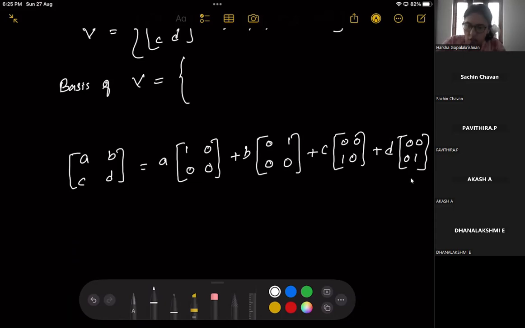Like with one non-zero entry, all others are 0. If we take all the linear combinations, we can cover all the matrices [A, B; C, D]. So any matrix [A, B; C, D] can be written as a linear combination of these 4 matrices. Clear?